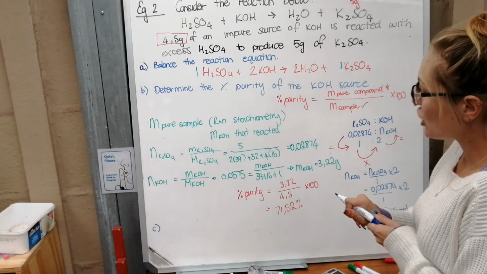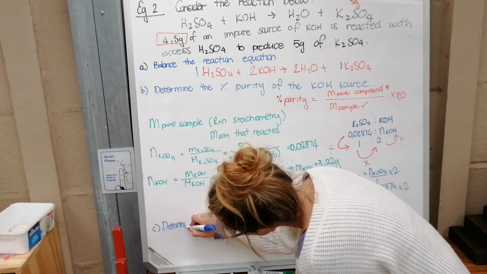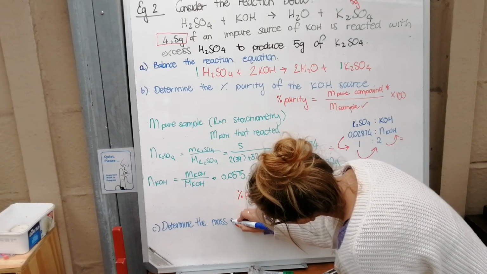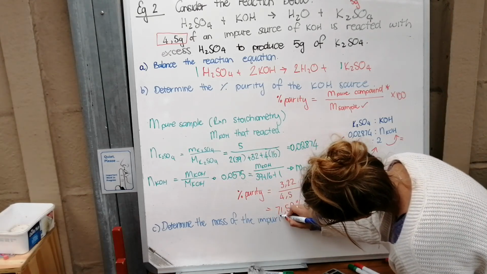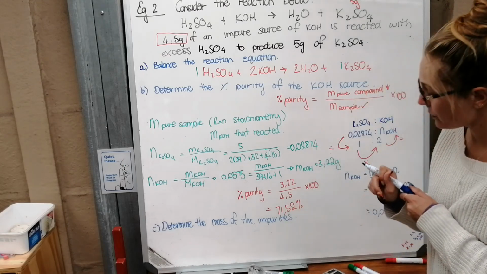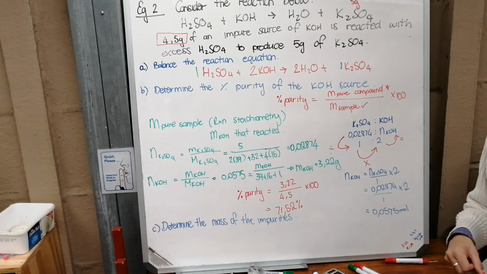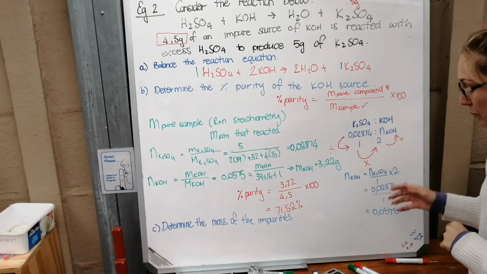We're going to determine the mass of the impurities. Okay, so for this, it's just that little logic step where we know, well, the mass of the impurities and the mass of my pure compound together must give me the mass of my impure sample.